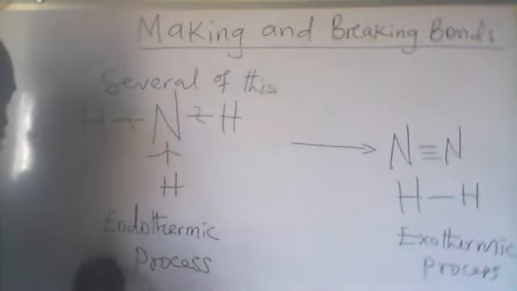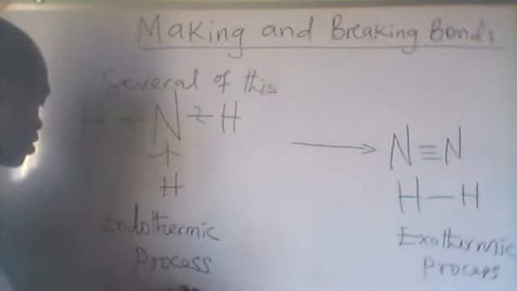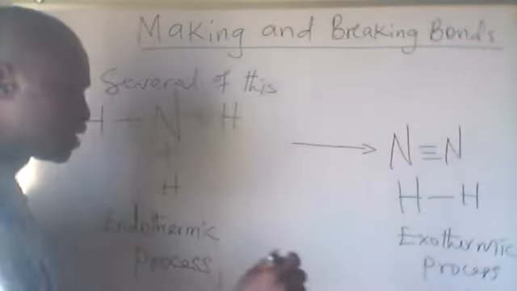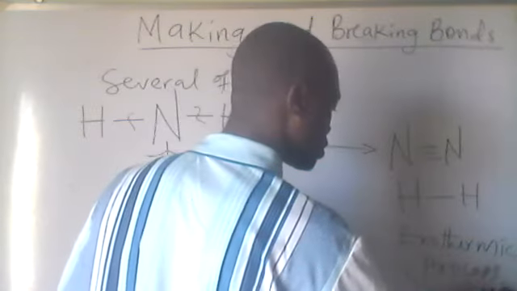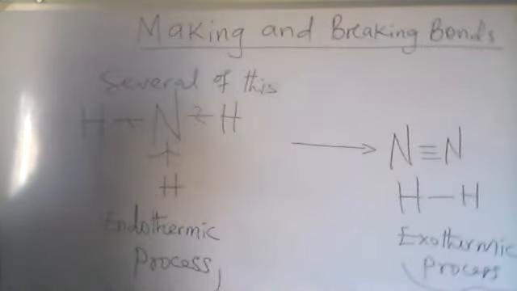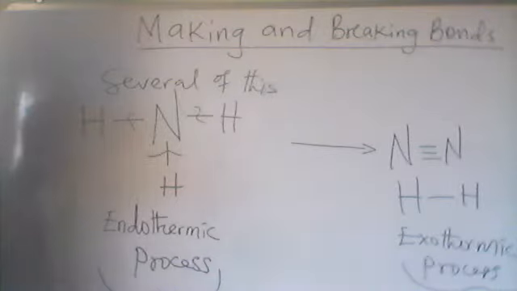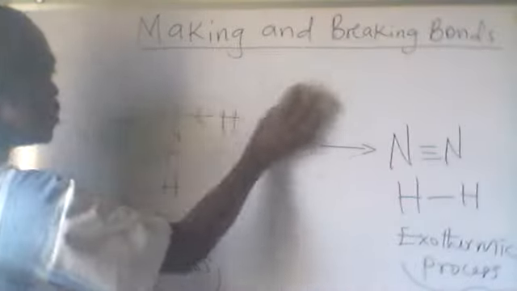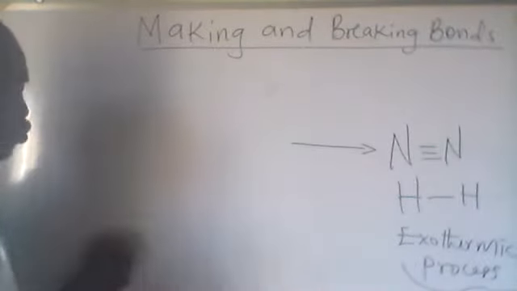So this is the reactant, and this is the product. So we have the reactant to the left and then the product to the right. So the energy at the reactant, endothermic, the energy at the product, exothermic.